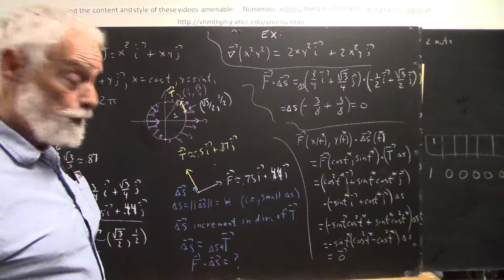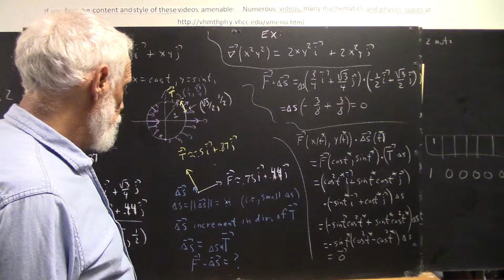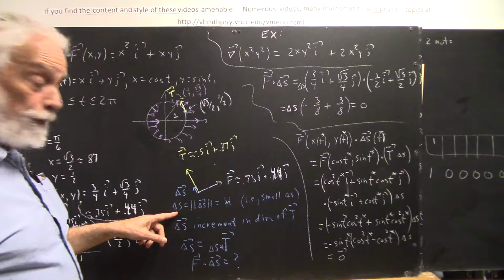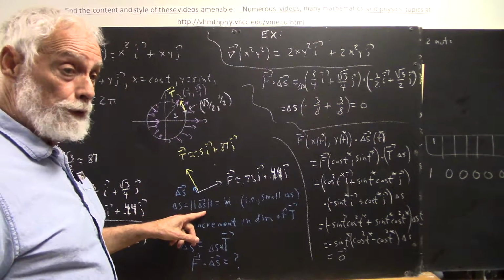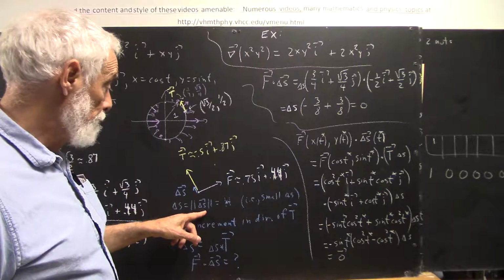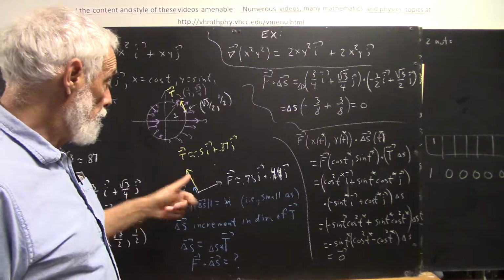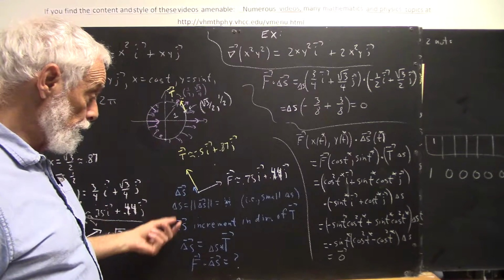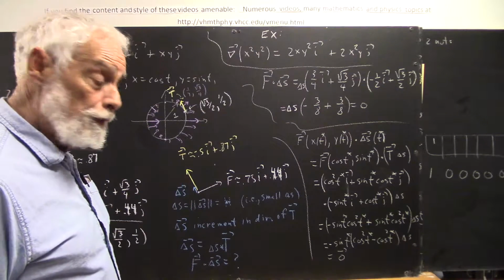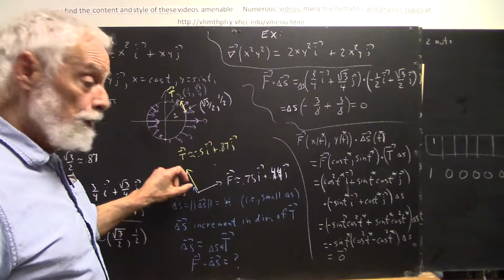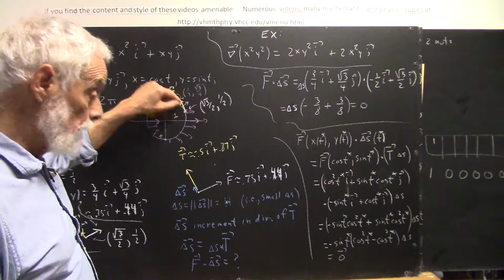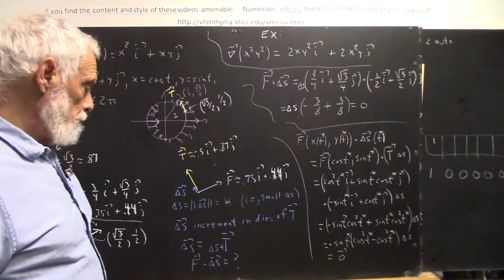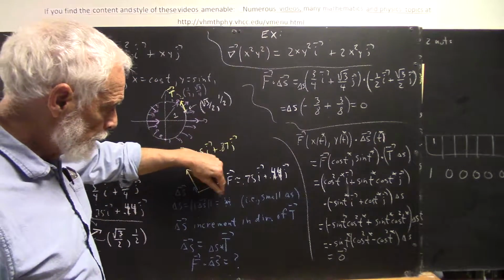in the direction of the unit tangent. Okay, well, delta s without the arrow is the magnitude of the vector delta s. The vector delta s is going to be this vector delta s in the direction of the unit tangent vector, but a small vector, corresponding to a small displacement along this curve. So the magnitude of delta s, I say, is equal to this.